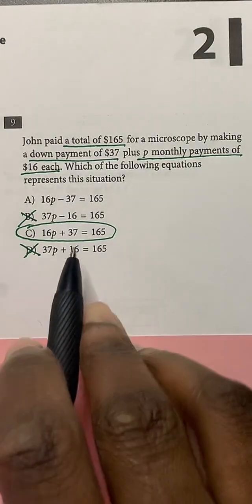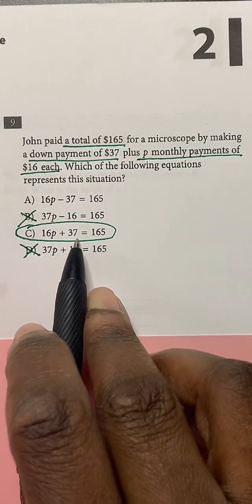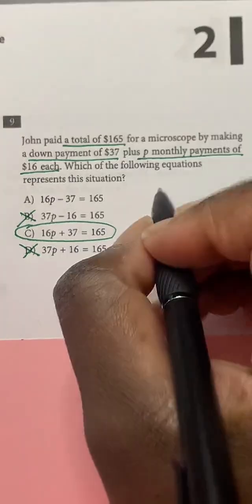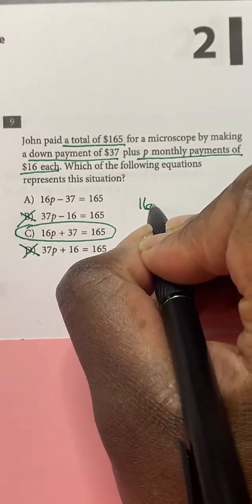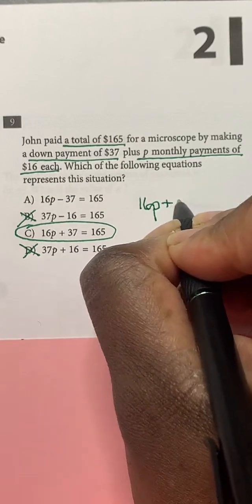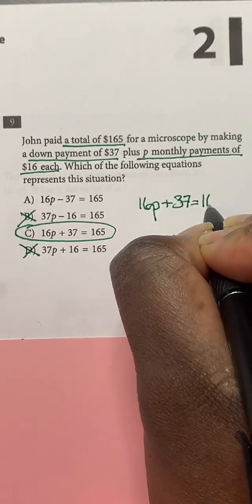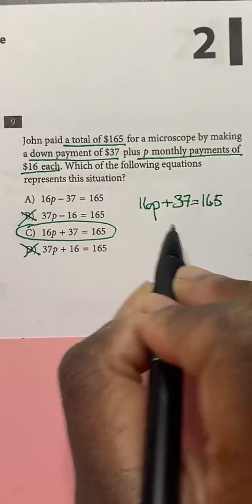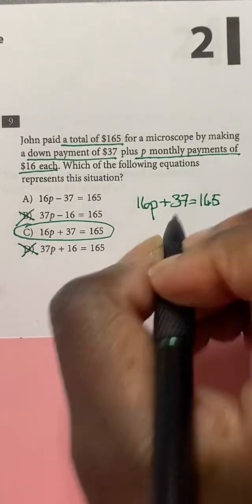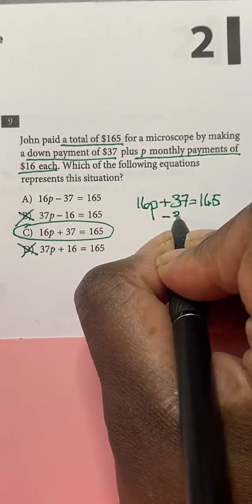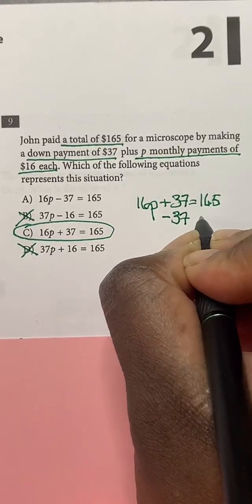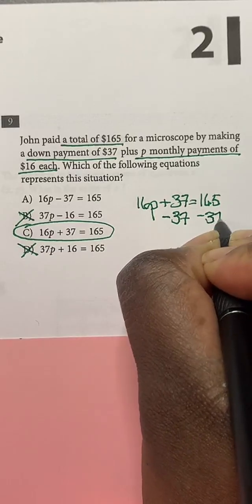Because if I were to solve to figure out how many months this was going to be, I'm being extra right now. I haven't seen y'all in a while, so I have to do this. I missed you. So in order for me to solve this for P, I would have to subtract the 37. And I think that's what a lot of you were thinking of.